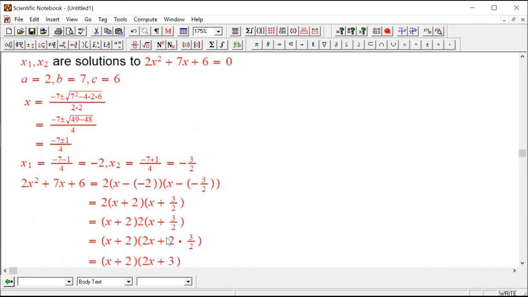And then how about these two numbers? Are they conjugate to each other? Yes, they are.